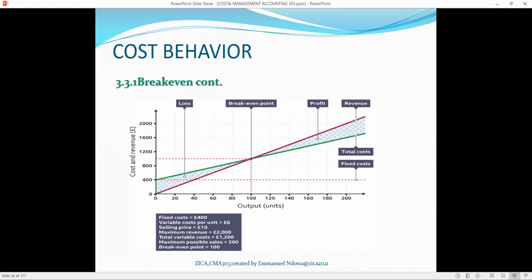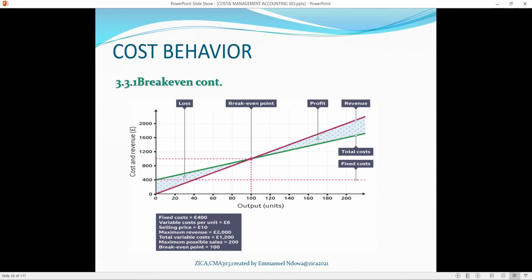Okay. In order to get your margin of safety, isn't it that we have come up with our break-even point? So to come up with the margin of safety, you say budgeted revenue minus the break-even point revenue.